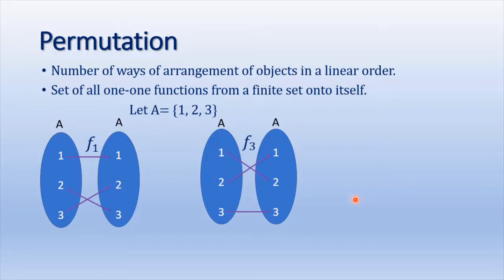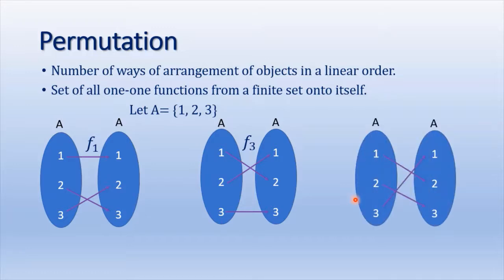Similarly, you can have another function where 1 goes to 2, 2 is mapped to 3, 3 is mapped to 1. We call this R1. In rotation 1, we have seen this. So this is a normal representation of a function.